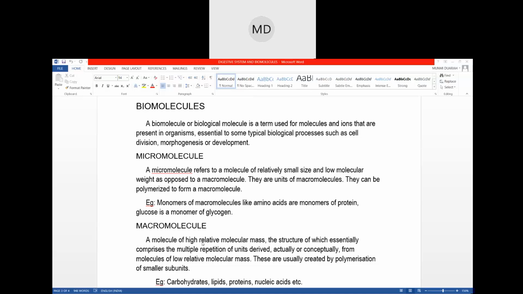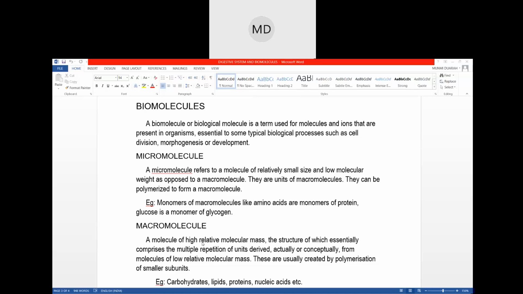So the first thing you need to remember is that micromolecules are small in size and macromolecules are larger in size. Micromolecules have low molecular weight, and macromolecules have high molecular weight.